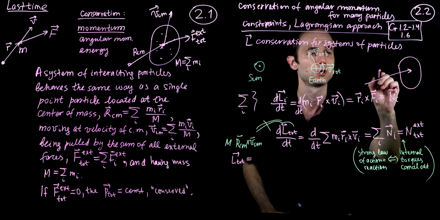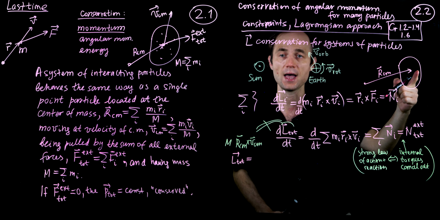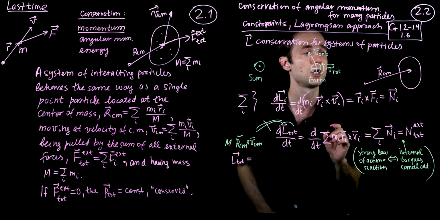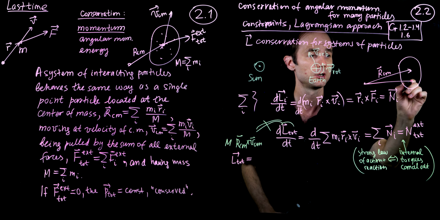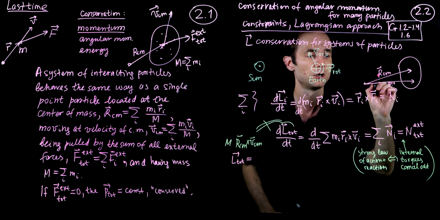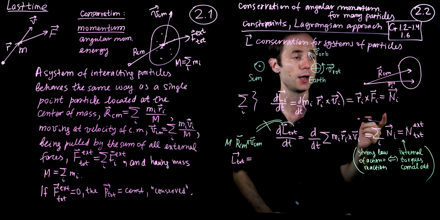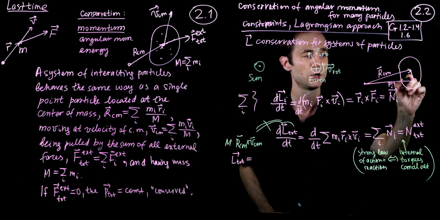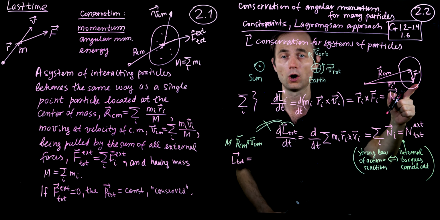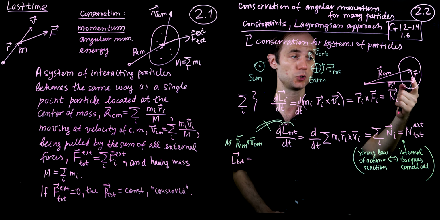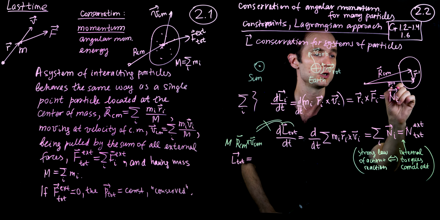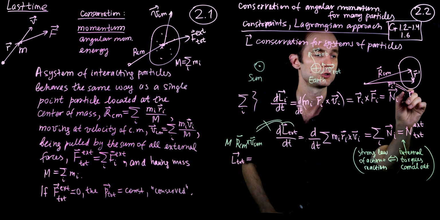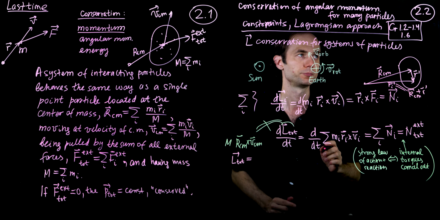That is our center of mass, and we're going to break down every radius vector Ri into the sum of RCM and R prime, which is the difference between the vector Ri and RCM. So here, Ri is equal to RCM plus R prime.